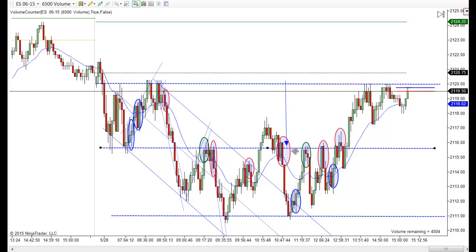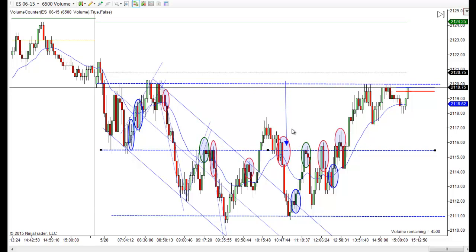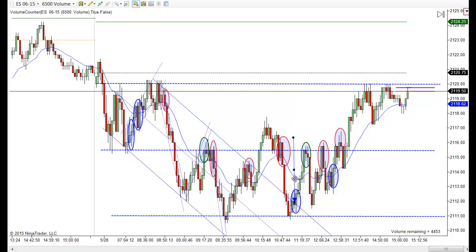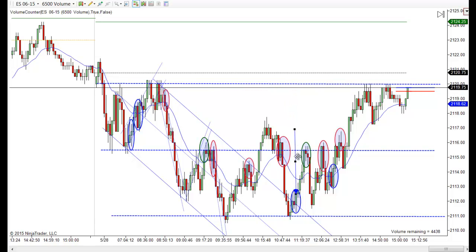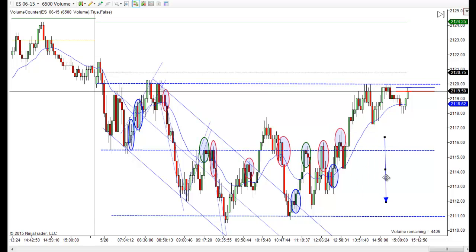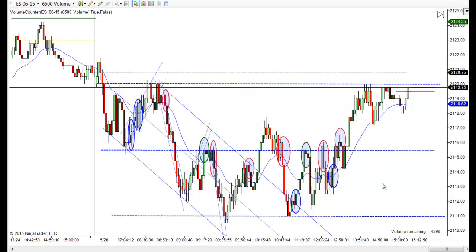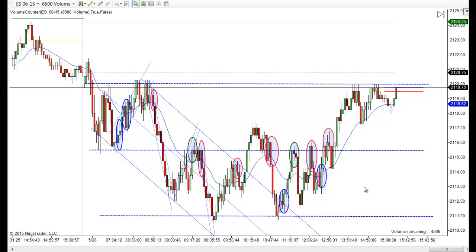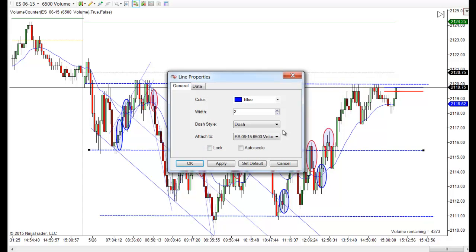Actually, I forgot to move this one down one more. You can see that's pretty much it. Close is close enough. It doesn't have to be exact, so it doesn't matter anyway. You just have to be close. But it's a perfect two-tiered trading range that we had here.